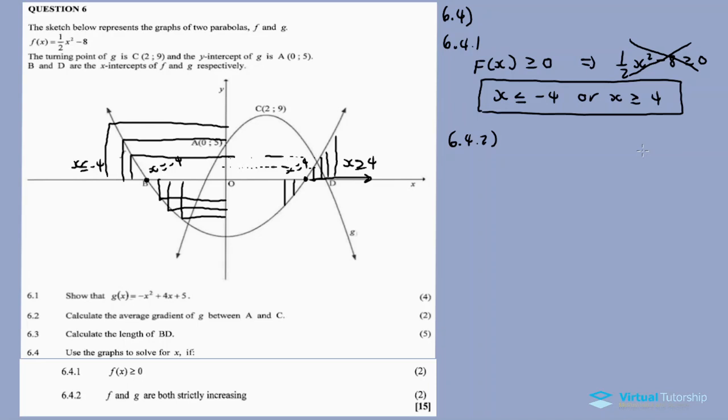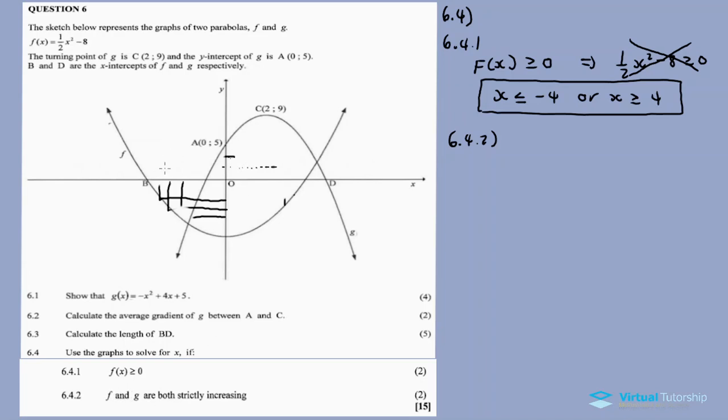How about I do this? Okay, let me erase this. Okay, I want here 6.4.2: use the graphs to solve for x if f and g are both strictly increasing.